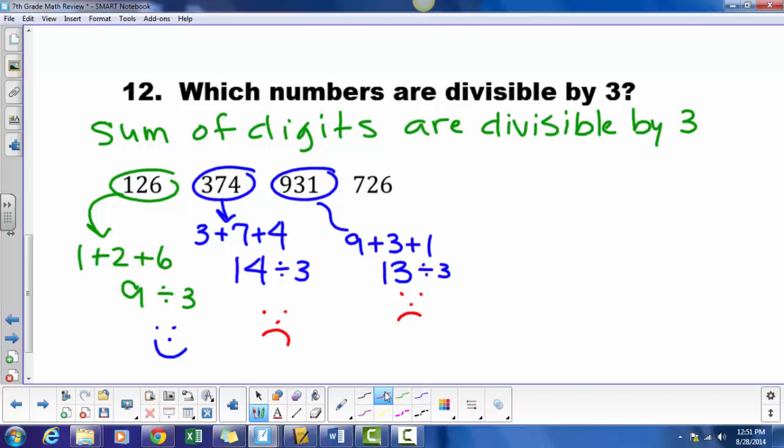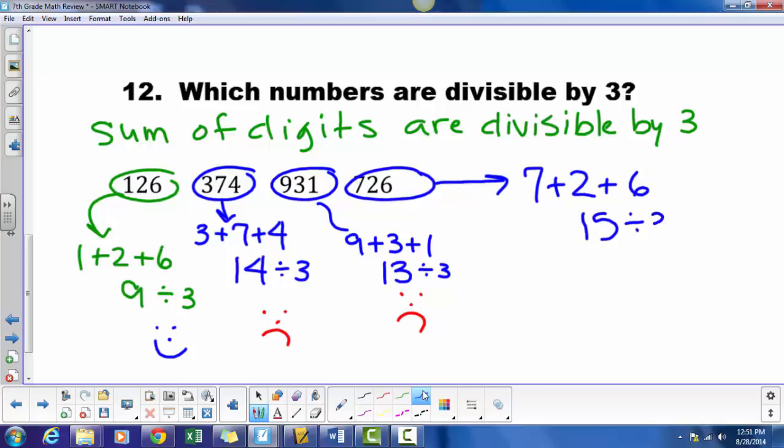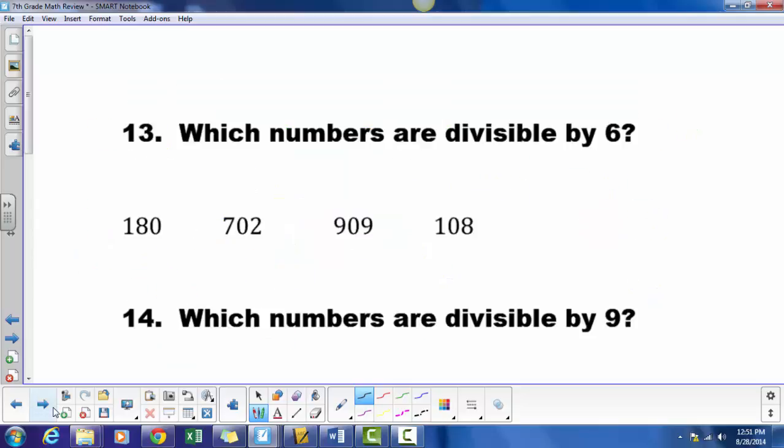Is 13 divisible by 3? No, it is not. And our last number, 726, 7 plus 2 plus 6, that equals 15. Is 15 divisible by 3? Yes, it is. Okay? So the two numbers here that are divisible by 3 are the 126 and the 726.